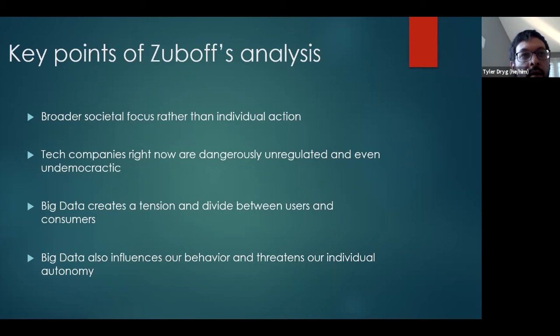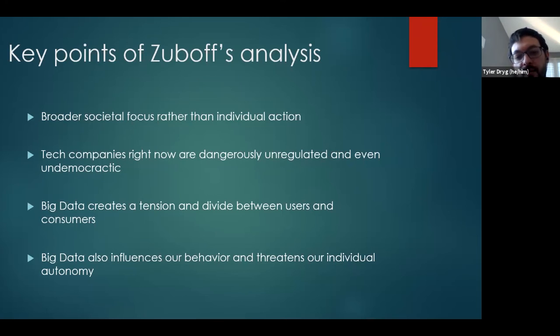And so what Zuboff advances is more democratic and regulatory control of these tech companies so that we don't have to make the kind of decisions that we do in terms of giving away a lot of our privacy and not having control of how our information is used and by whom.